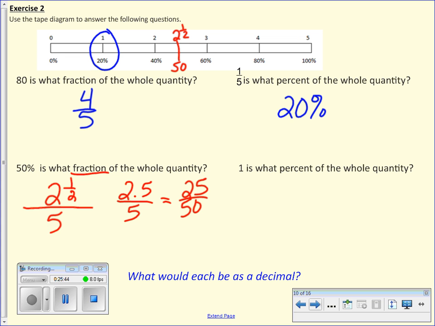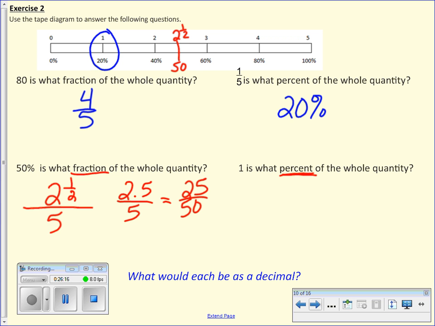1 is what percent of the whole quantity? Be careful. It's not 1/5. Everybody write down your answer. I want to see what you write down for the last one. They're looking for a percent. The answer has to be a percent. Be careful what they're asking you for.